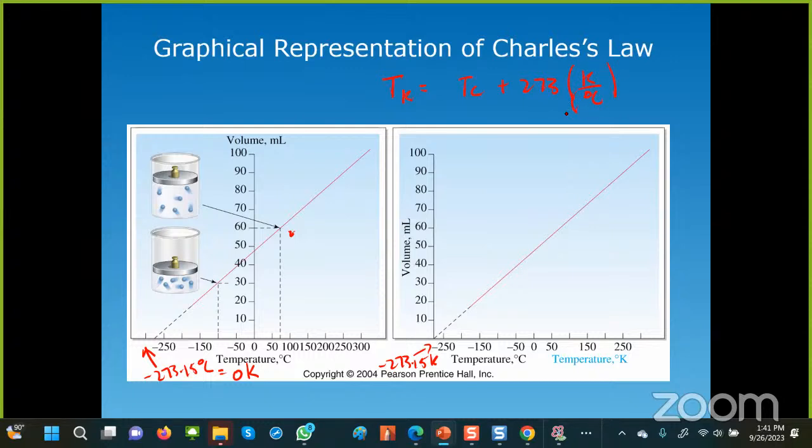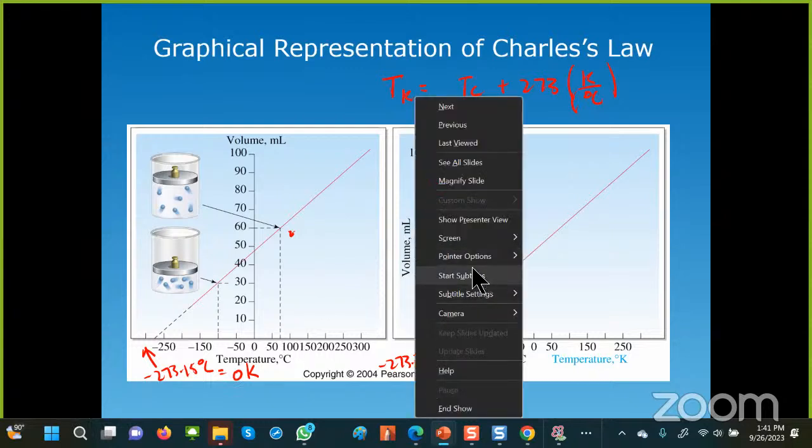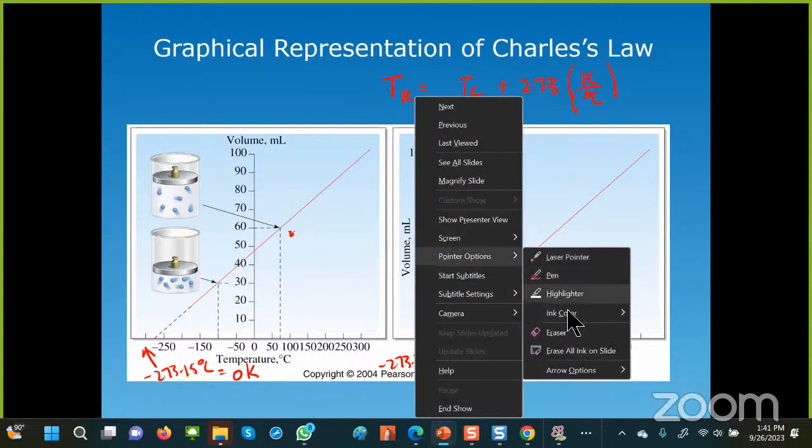Oh, no. I just realized an error I made. The units don't go there.